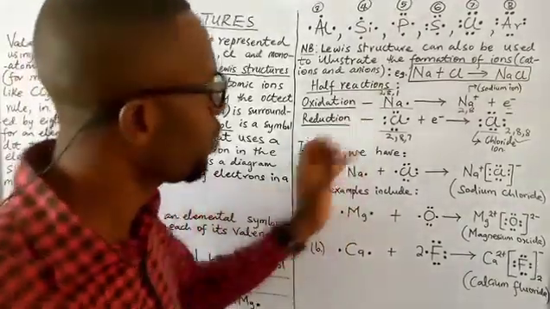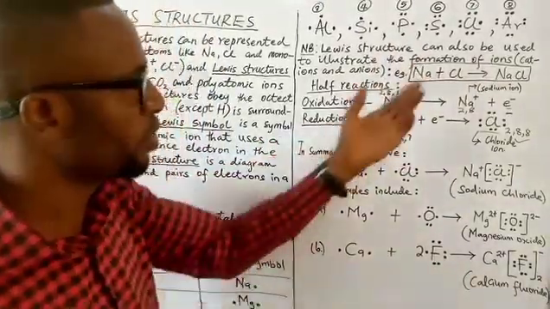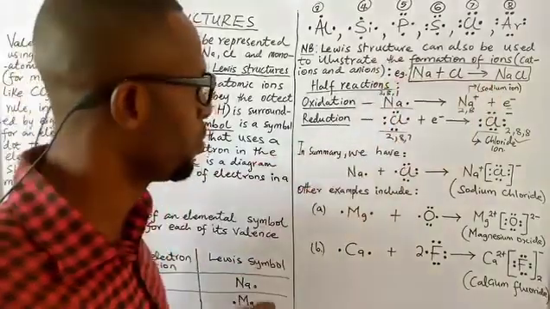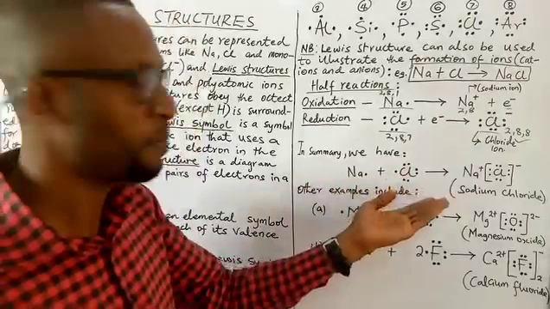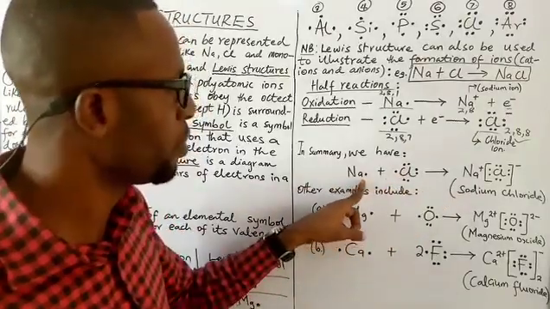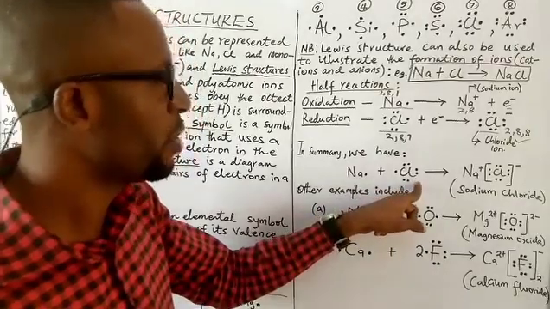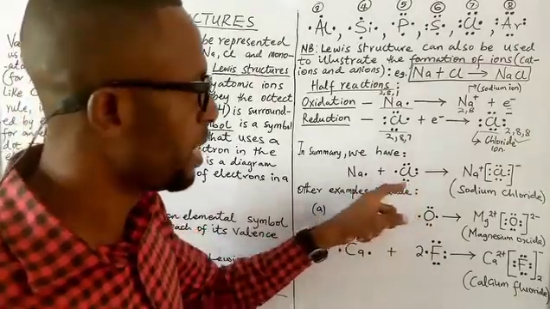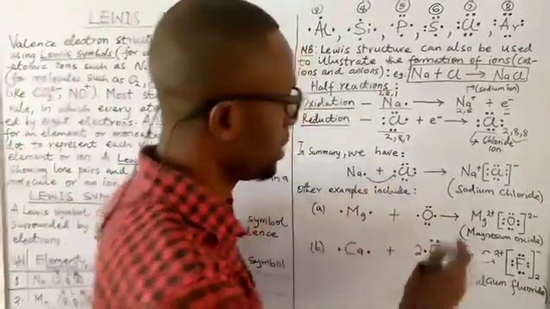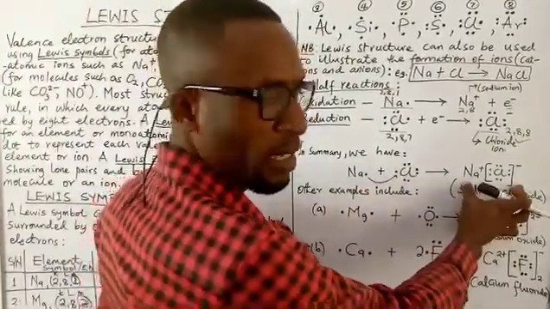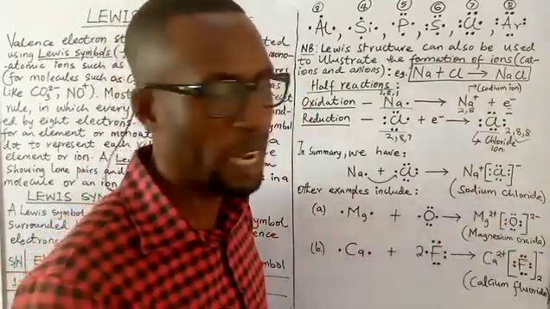Nice. So to summarize this particular reaction, the reaction between sodium and chlorine to make sodium chloride, using Lewis structures, we have this, where this is the Lewis symbol of sodium, and this is the Lewis symbol of chlorine, and both of them react. Of course, you can see the transfer of this electron to this electron, where you now have this as the Lewis structure of sodium chloride.